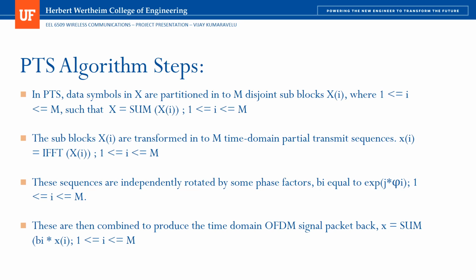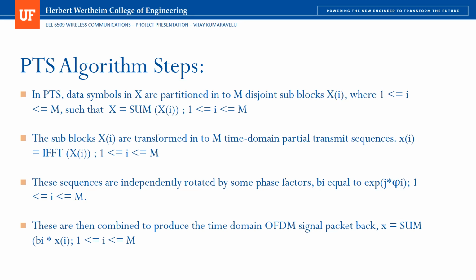So what are the steps in the PTS algorithm? As I explained in the beginning of this presentation, the steps are very similar, and these are the MATLAB implementations of those steps. First, the symbol is divided into M disjoint subblocks. These subblocks are then transformed into the time domain by using the IFFT function.